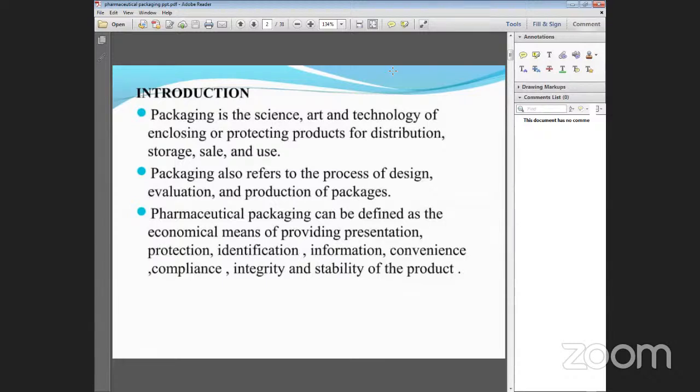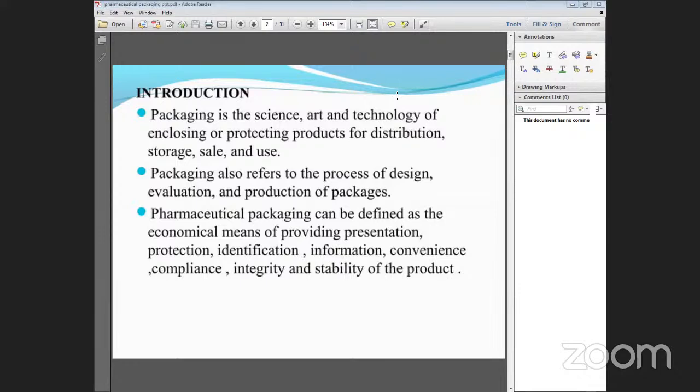We can enclose them, that means cover them, protect them, and distribute, sell and store. So pharmaceutical packaging is very important in the pharmaceutics chapter.